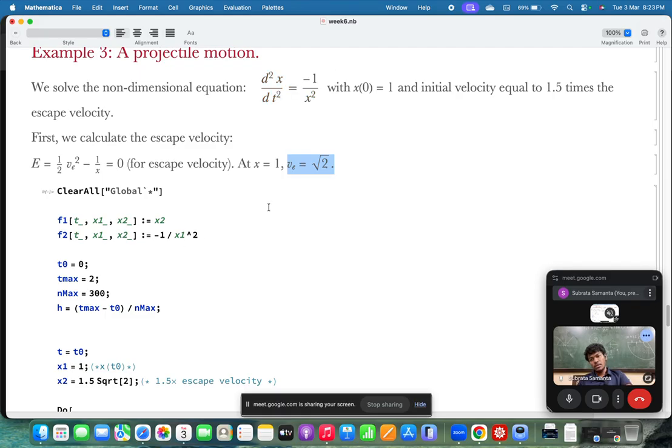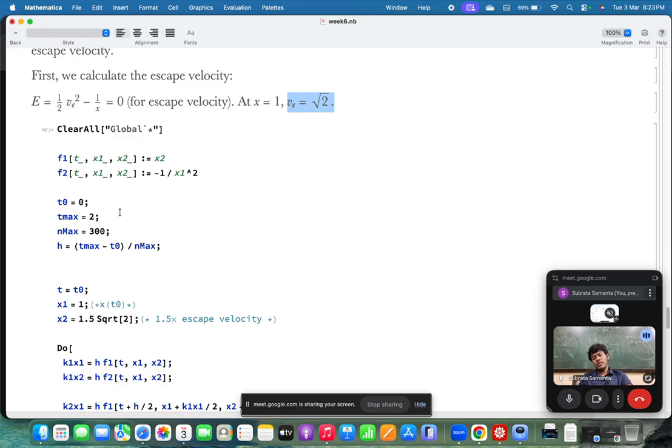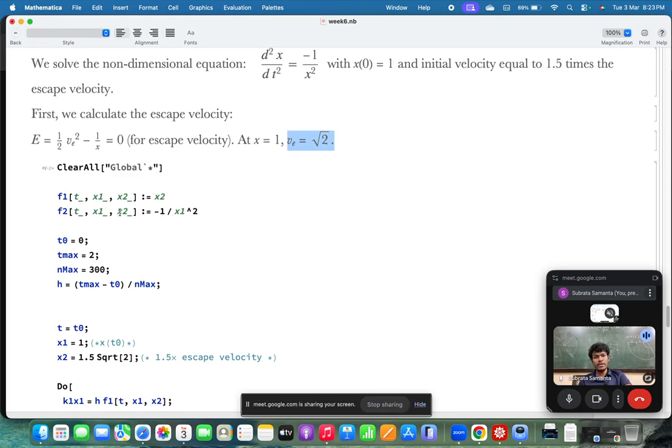I have to calculate the displacement at t max, sorry, at t equals 2, with n max equals 300 using the RK4 method. So first we assign all the variables and then calculate h first.